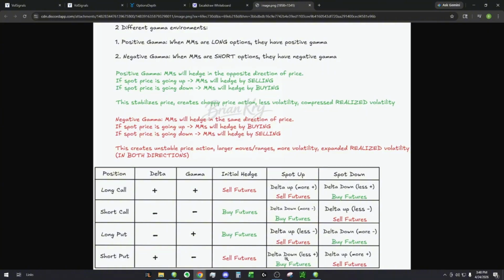And if spot price goes up, delta goes down, they got to buy futures. If spot price goes down, delta goes up, so they got to sell futures. Note that for both long call and long put, so either way, if you're long an option, you have positive gamma. And if you're short an option, either a short call or a short put, you have negative gamma.